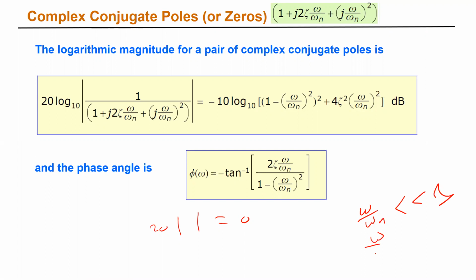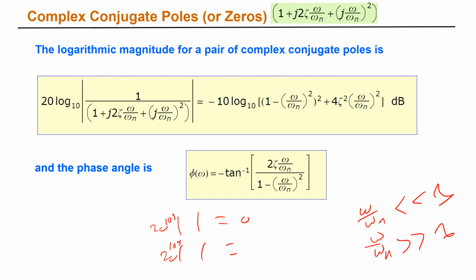Now take omega over omega n much greater than 1. What does that equal in this case? We need to simplify. The term will be omega over omega n to the power 4.